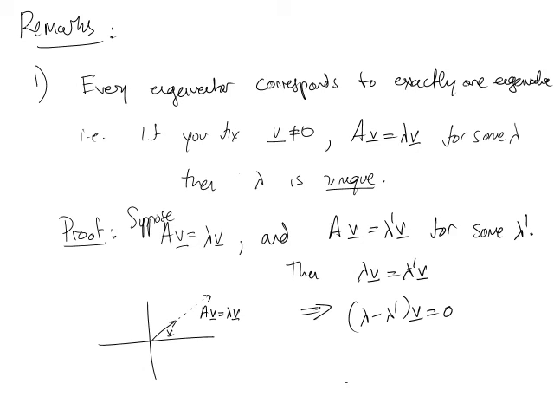But remember that v is not 0, so lambda minus lambda prime is equal to 0, so lambda is equal to lambda prime. In the picture, it's saying that v is this special vector, so when you hit it with A, it just gets multiplied by lambda. If you claim Av is equal to some other number lambda prime times v, then because v is not 0, these scaling factors better be equal. So for every eigenvector, there's exactly one eigenvalue. I'm not saying that for every vector there's an eigenvalue. Not all vectors are eigenvectors. But for the ones that are, there's exactly one corresponding eigenvalue.